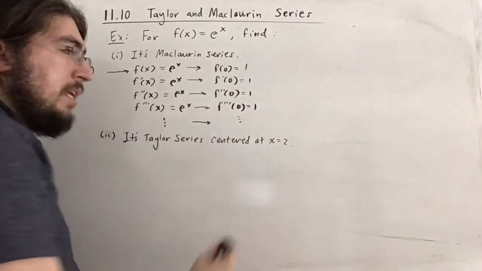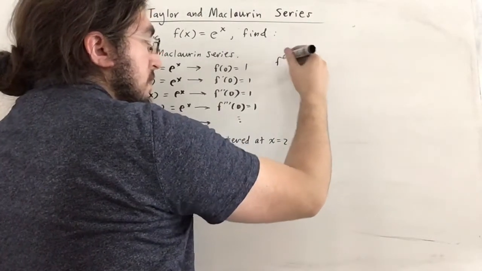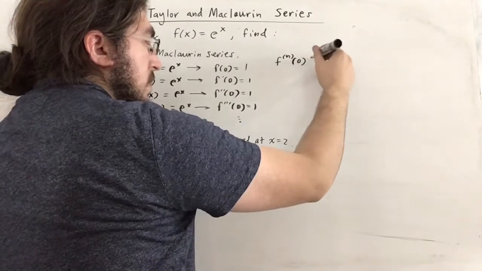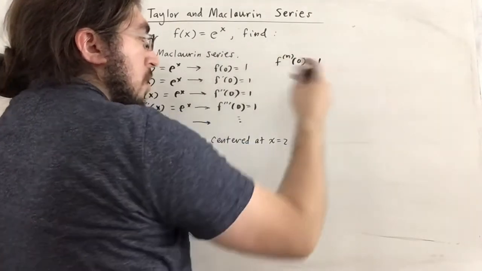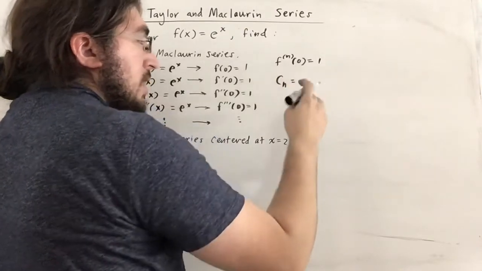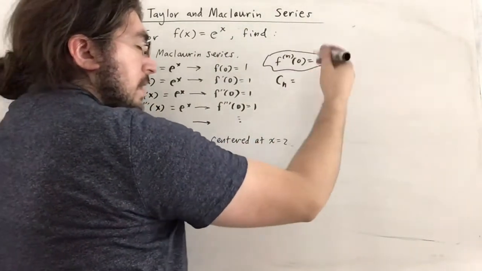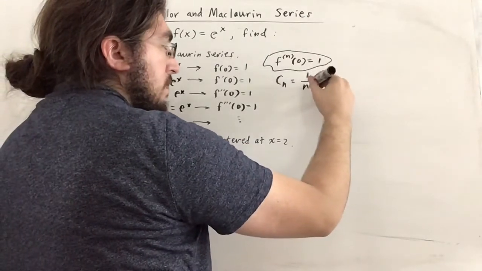In fact, in general, that's always the case. So really, the nth derivative of f evaluated at 0 is 1 for all n, as it turns out. So that means c sub n is just that derivative expression, this guy, divided by n factorial.